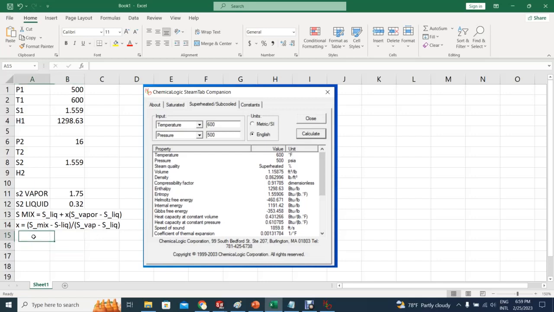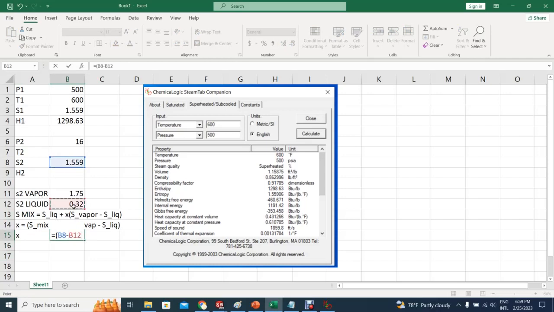Now, let's do the math. In this case, the quality is called x. Let's delete everything else. We don't need it. X, and we put here the math, equal. Now, here are the numbers that we need. Put a parenthesis. We do exactly the way it is here. The entropy of the mix is this one, minus the entropy of the liquid, which is this one.